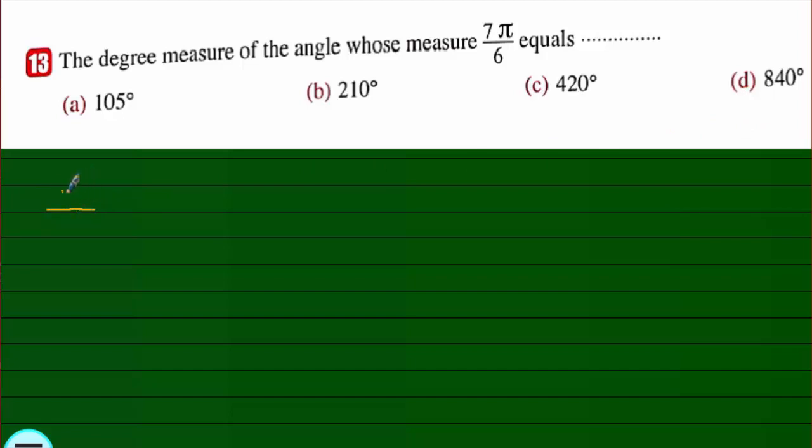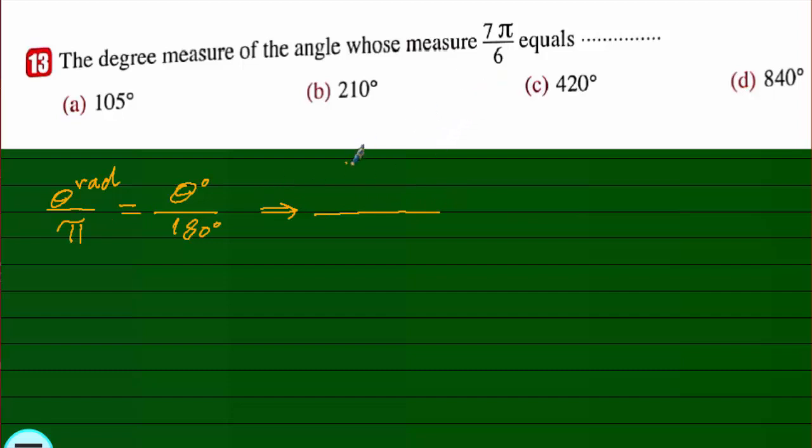We have theta in radian over pi equals theta in degrees over 180 degrees. So we substitute here.